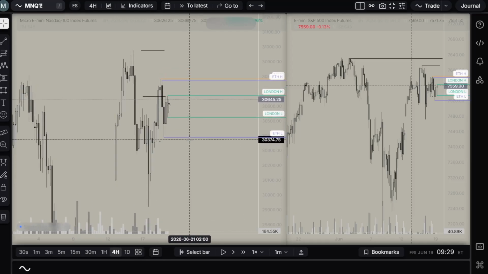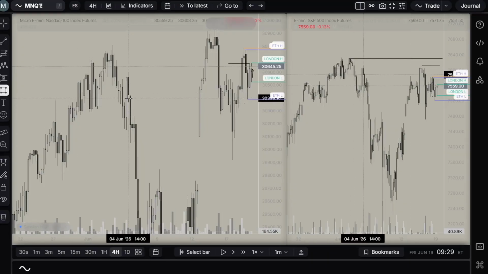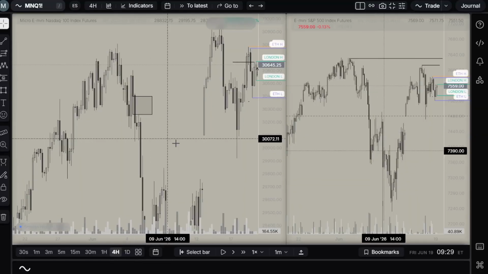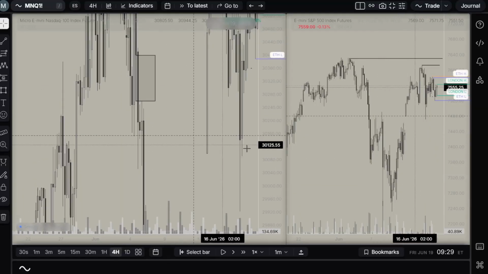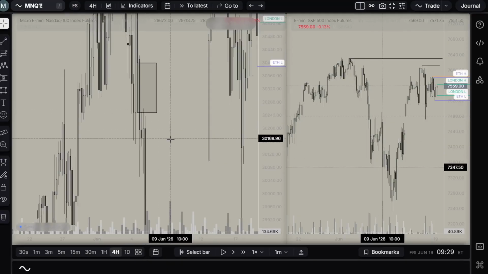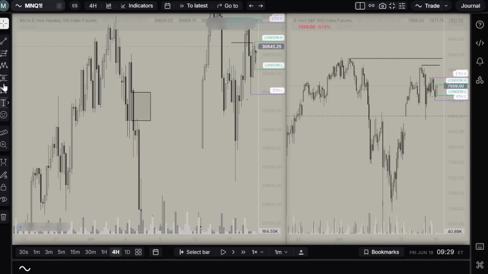On the 4-hour right here, for example, this isn't the best example, but we have this 4-hour imbalance right here, right? 4-hour imbalance. We just barely, no, not even just barely, we mitigate this 4-hour imbalance. And what does that allow price to do? We trade into this imbalance.